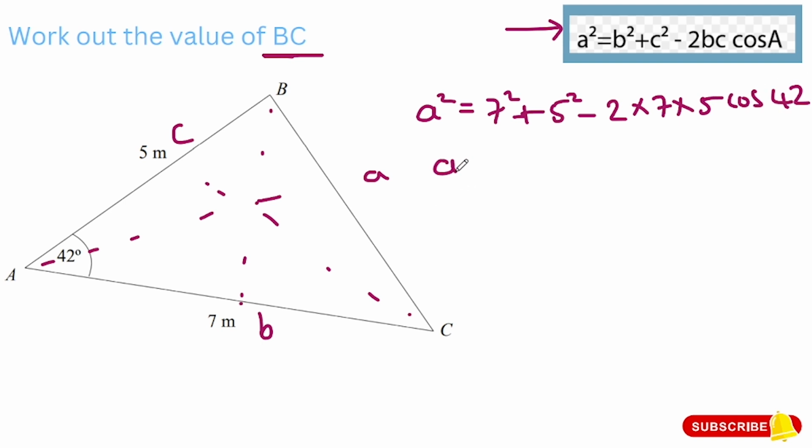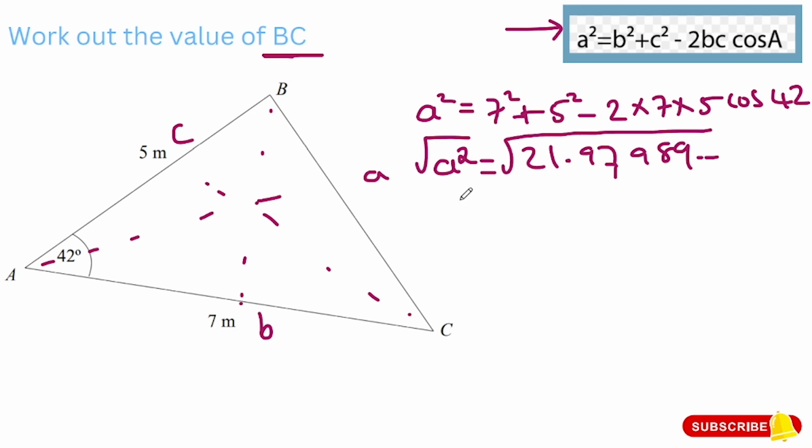And if I place that in my calculator, I should get the value of 21.97989. Okay, now what I'm going to do is square root both sides, and if I square root both sides, I should get the value of 4.69, and my length A is 4.69, and that's literally all you have to do.